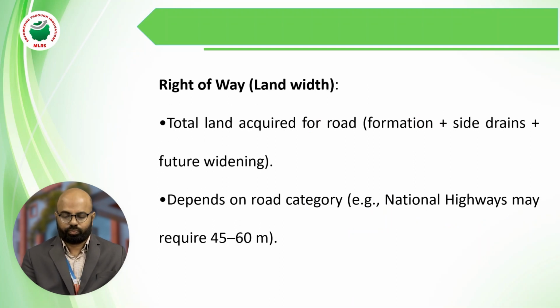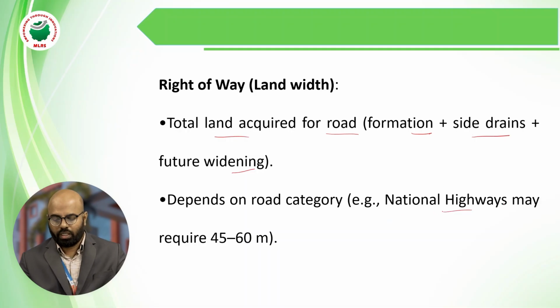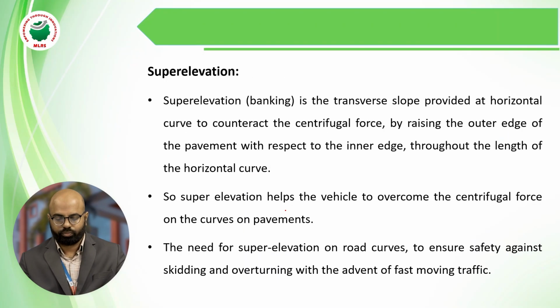And right of way, or land width, is the total land acquired for the road, that means formation width plus side drains plus future widening, okay. It depends on the road category. For example, national highways require 45 to 60 meters.